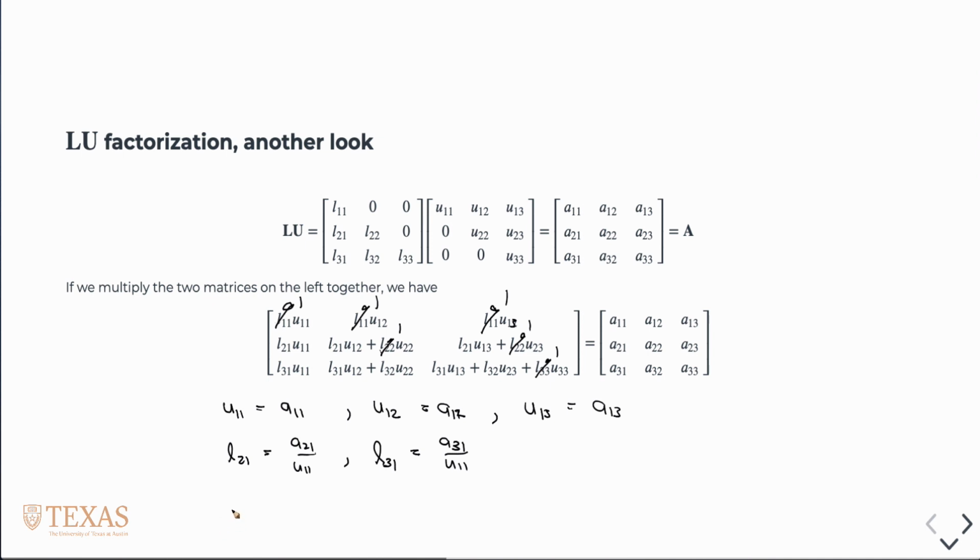Now we have enough information to solve for the rest of the second column, namely U22 is equal to A22 minus L21 U12, all of those are known, divided by L22, which is simply 1, right? And we could continue this operation for the rest of it to eliminate all the rest of the terms.